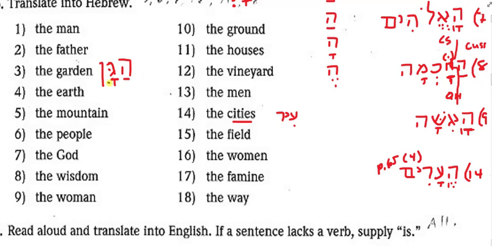This is the only time you'll ever have to create this fresh out of thin air. Otherwise, you're just going to see this in your exercises or in the Hebrew Bible. If you saw this, would you know that that's the article and this is the word for garden? Yes, that's all you really need to know. In other words, I don't really require you to know why that happened. Just be aware that it happens. You've been forewarned.